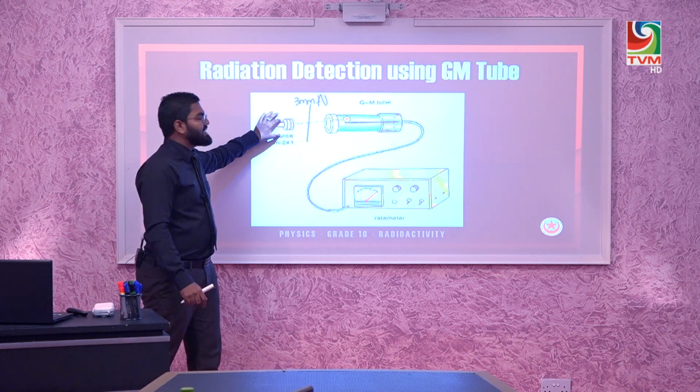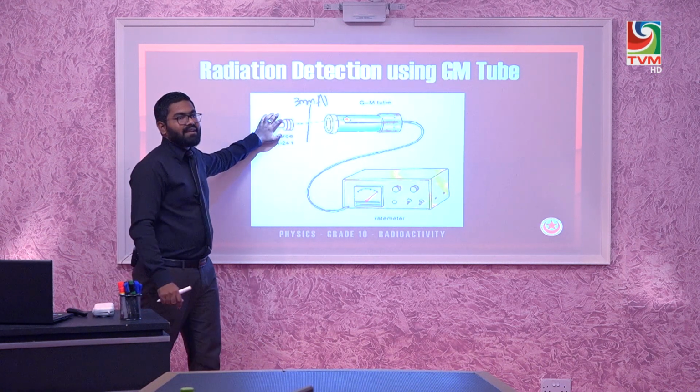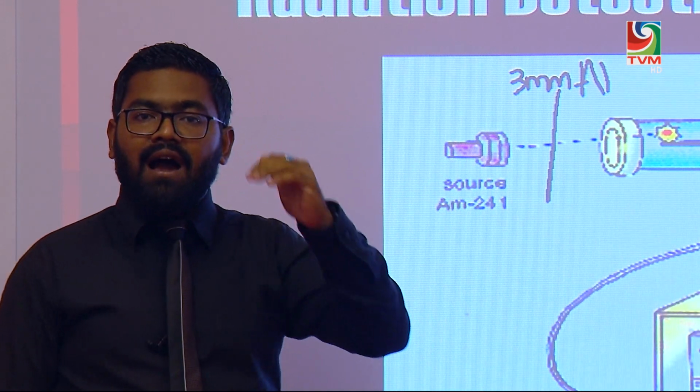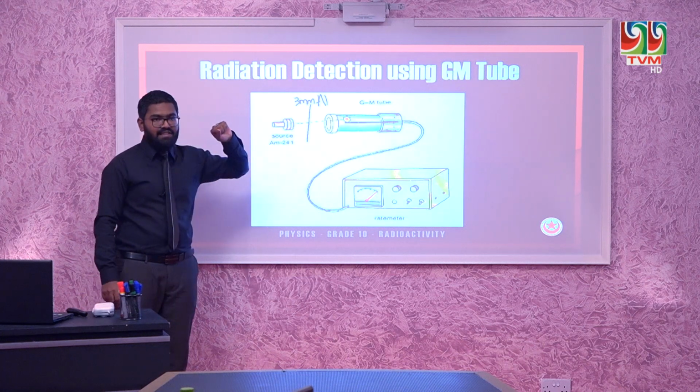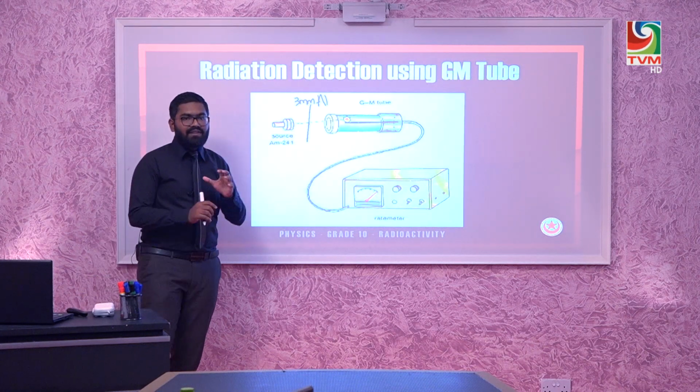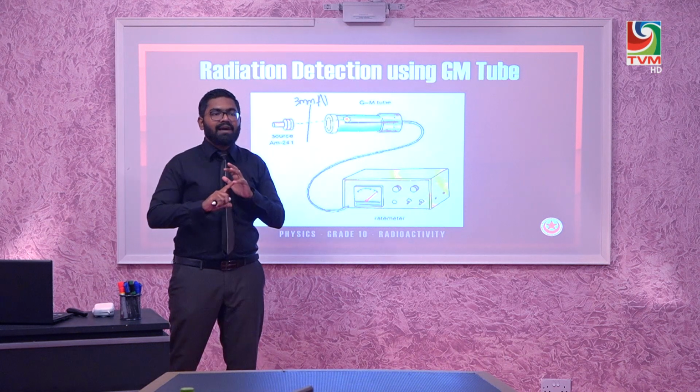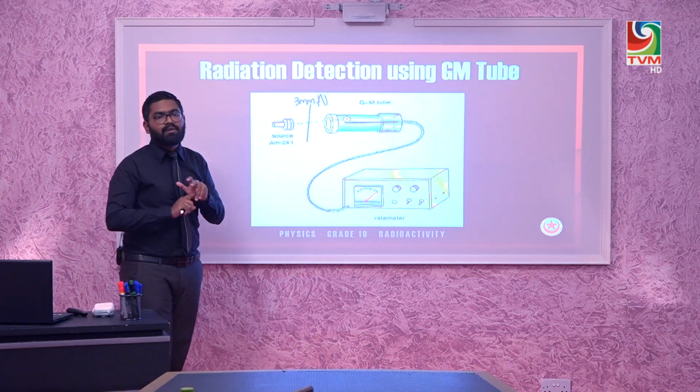So if the source is emitting beta particles, the rate meter will show a reduced value. Which means that whatever reading remains is being contributed by either gamma or the background radiation.